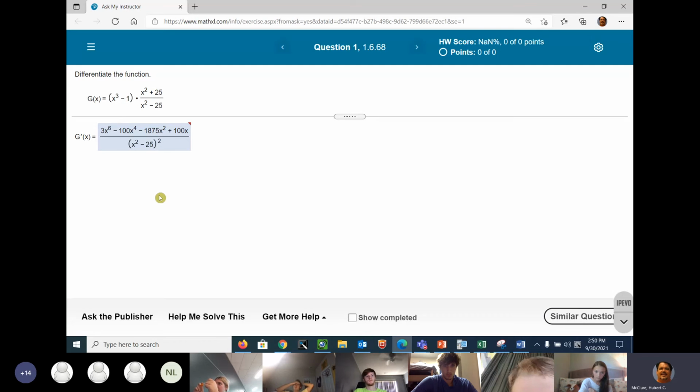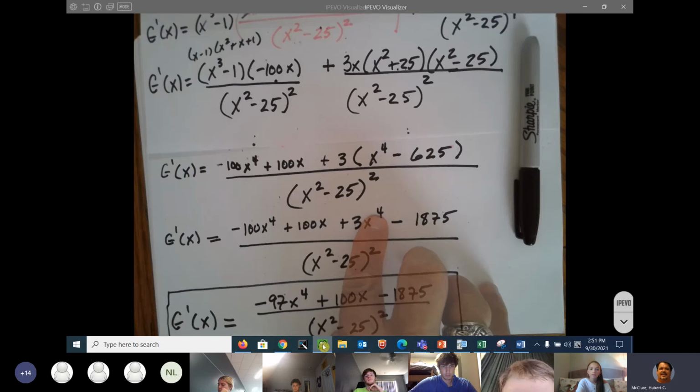So there's the 3 and the x. Oh, I see there, right there. I forgot, I dropped the x right there. So that would be 3x to the 5th. Probably dropped somewhere else. Wait a minute. I see it. I just dropped the whole thing right here. Oh, I suck. Right here.